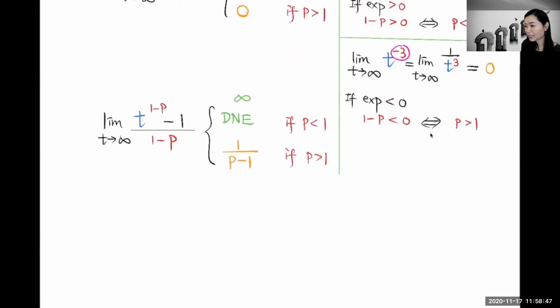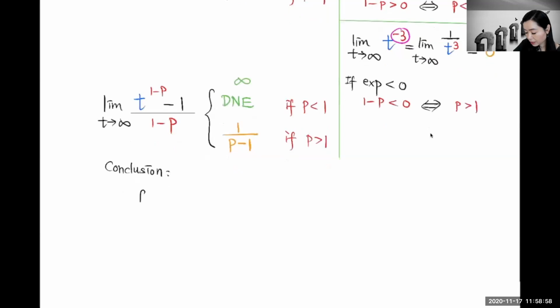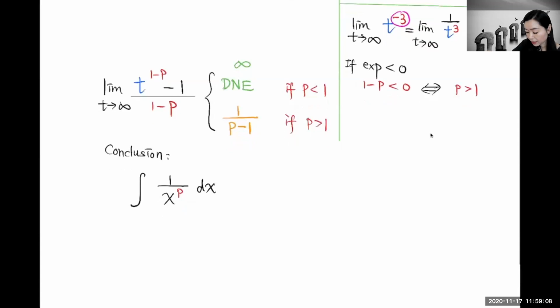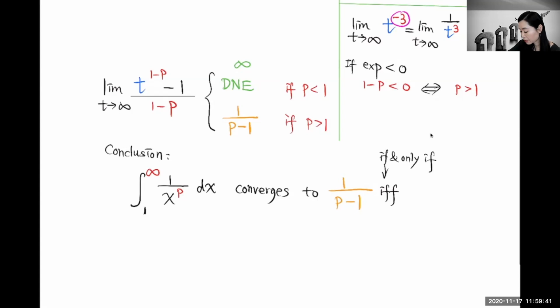Now, after this investigation, let's write down the conclusion. When we have the integral of 1 over x to the p power, when x goes from 1 to infinity, this improper integral is going to converge to 1 over p minus 1 if and only if, IFF here means if and only if, p is greater than 1.